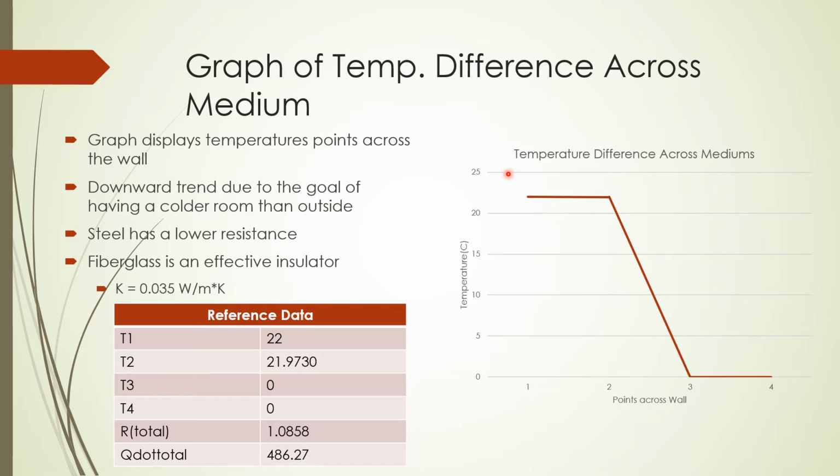So say this is the outside world, it's 22 degrees Celsius, and we want to maintain 0 degrees Celsius inside the room. So we have that heat transfer rate of 486.27 that is going through this wall to allow this room to stay at 0 degrees.